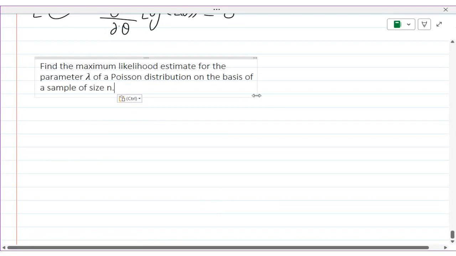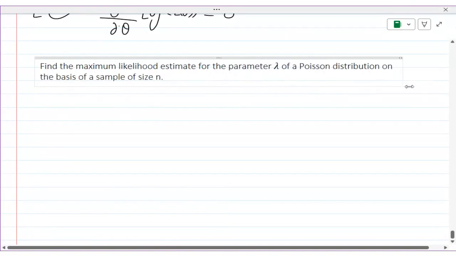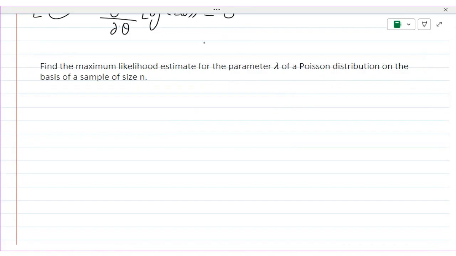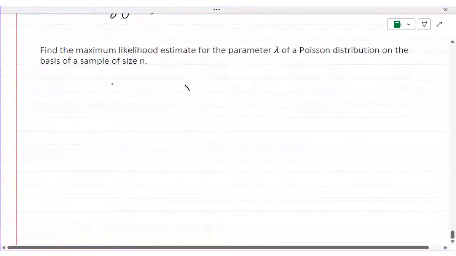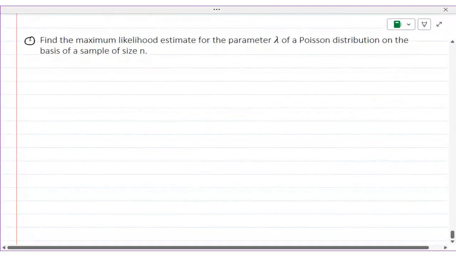So the question is: find the maximum likelihood estimate for the parameter lambda of the Poisson distribution on the basis of a sample of size n. Okay, so let us see how we will tackle this problem. See the question. So, solution.